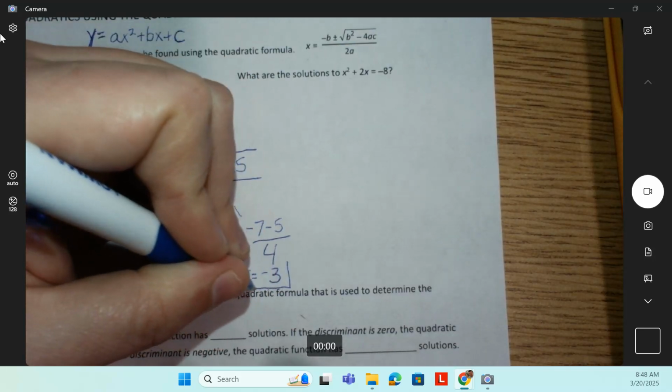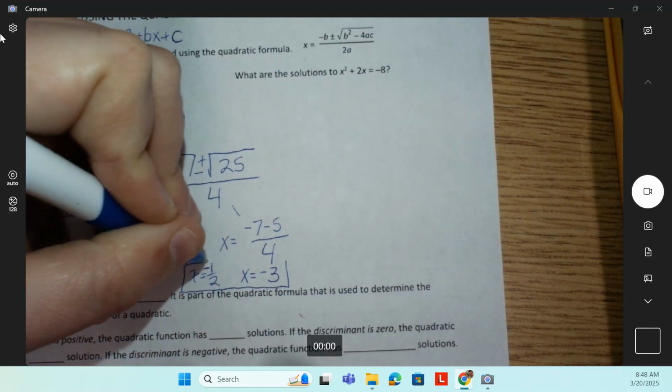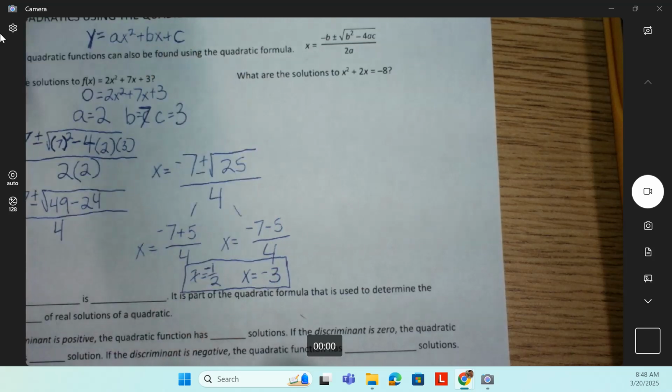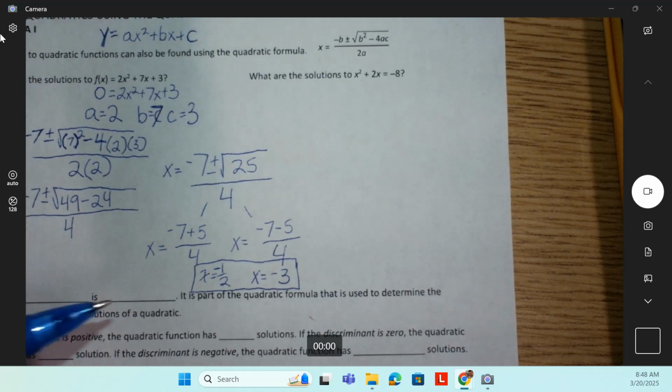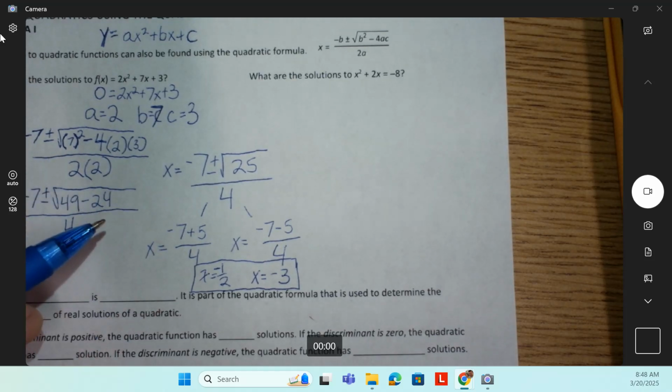And so we've used the formula. It has a couple steps to it, but that is something that works every single time for you. So I've gotten my answers there. It takes a little bit of work going through the steps, but it is all algebraic processes that we've gone over before. And we get our solutions there.